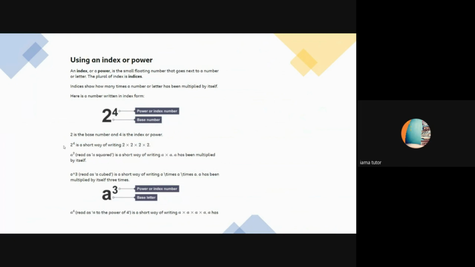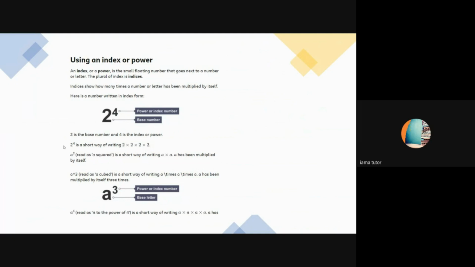We say that the 4, stationed at the head of the 2, is called the index number, and the 2, in the bigger font, is called the base number. The plural of index is called indices.